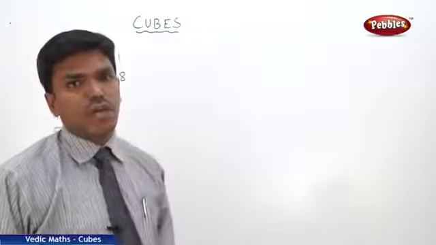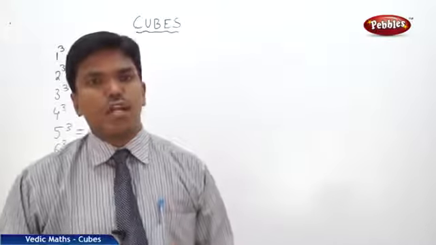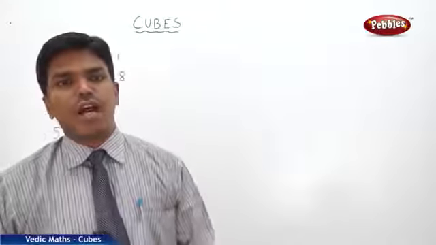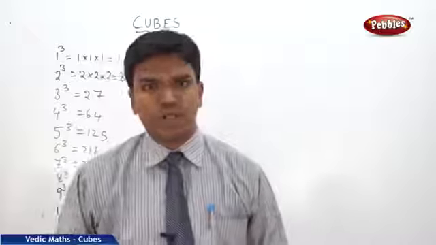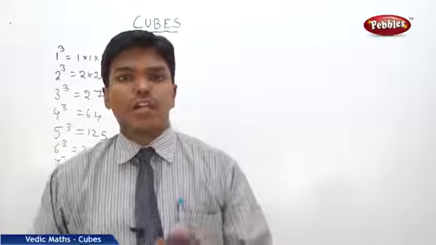Now we will discuss how to find out any double digit number's cube value. Here in Vedic maths we have one formula, or one shortcut, to find the cube of any double digit number.